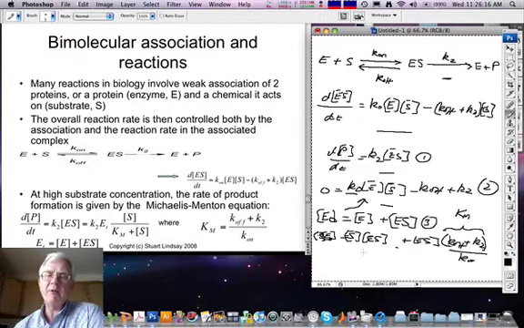So Km is K off plus K2 divided by K on. If we do this and then use this equation to obtain ES and substitute it into equation 1, so that the rate of product formation is K2 ES in this limit of high substrate and enzyme concentration, then we will arrive at the following expression for the rate at which the reaction proceeds.